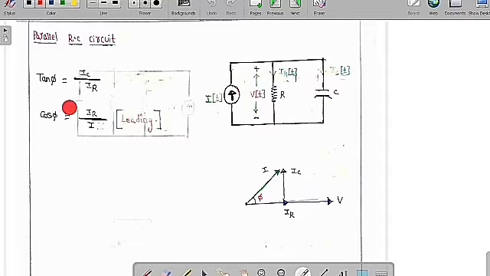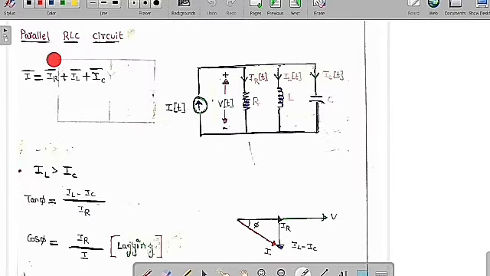Tan phi is equal to opposite by adjacent, which is IC by IR, whereas cos phi is equal to adjacent by hypotenuse, which is IR by I. The current leads the supply voltage, which indicates that it is a leading circuit. No matter whether you keep the resistor and capacitor in series or in parallel, the overall circuit will always behave like a capacitive circuit.